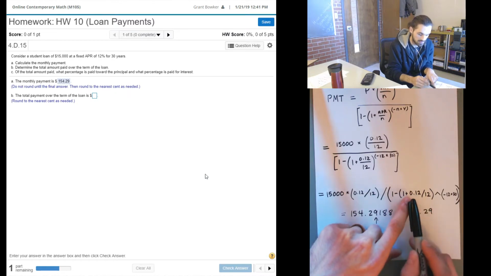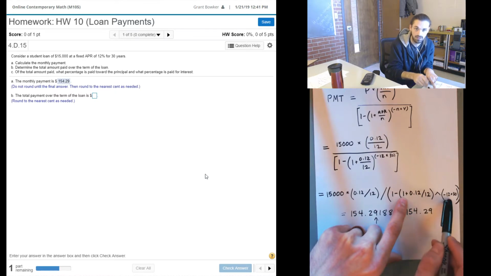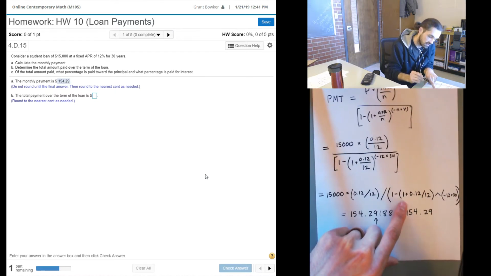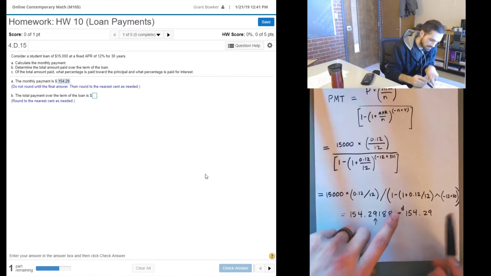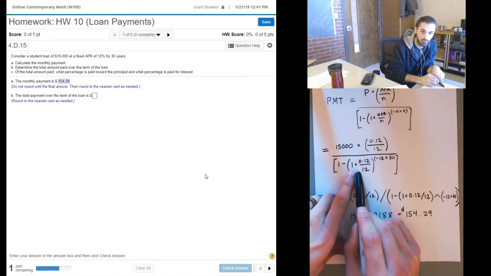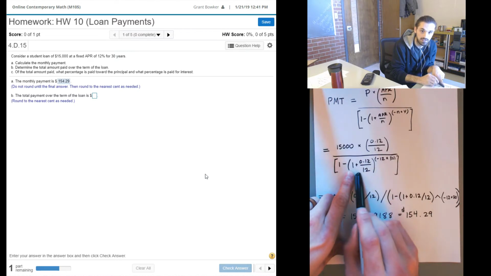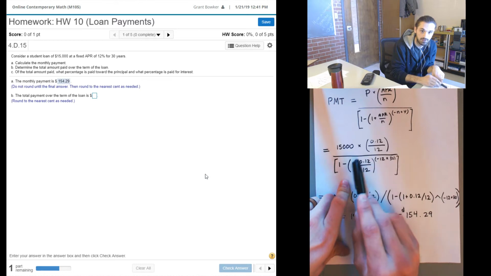So 0 plus 0.12 divided by 12. That gives you a very small decimal, and then you take that very small decimal and you raise it to a large number, making it even smaller. So keep in mind that this exponent is only being put upon the 1 plus APR over n.